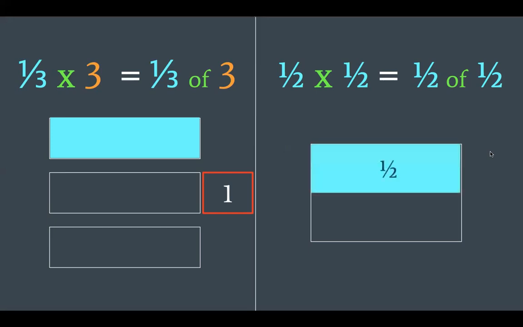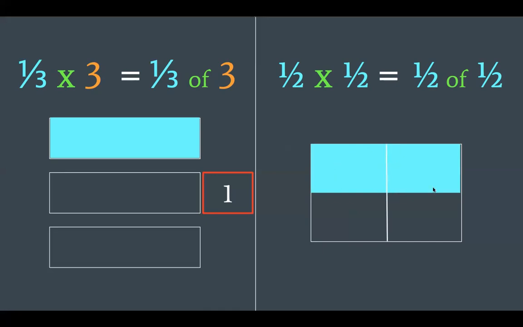So I represented that in this blue box again. And now, when we think about this equation, we're getting a part of a fraction. So how many parts do we need to break this 1/2 into? This is when we would look at that denominator, and we see that there are 2 parts that we want to break it up into. So if you thought of 2, you are correct.